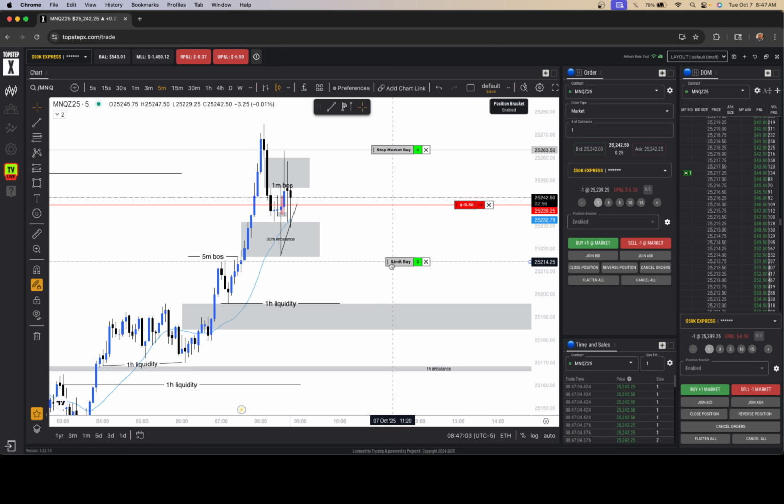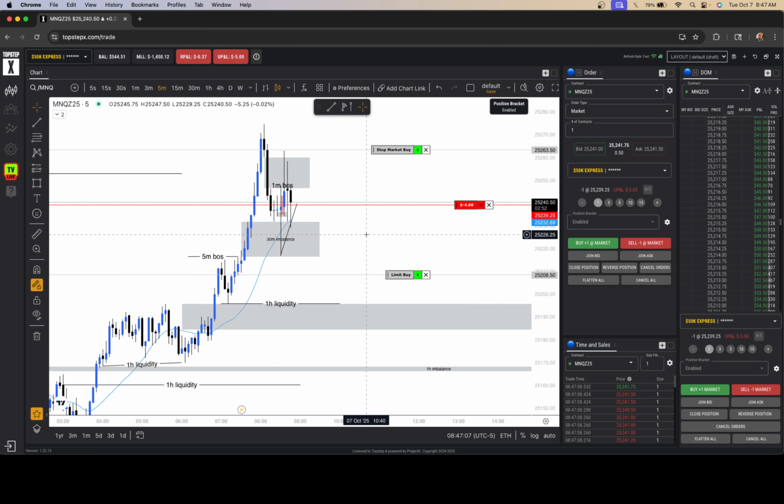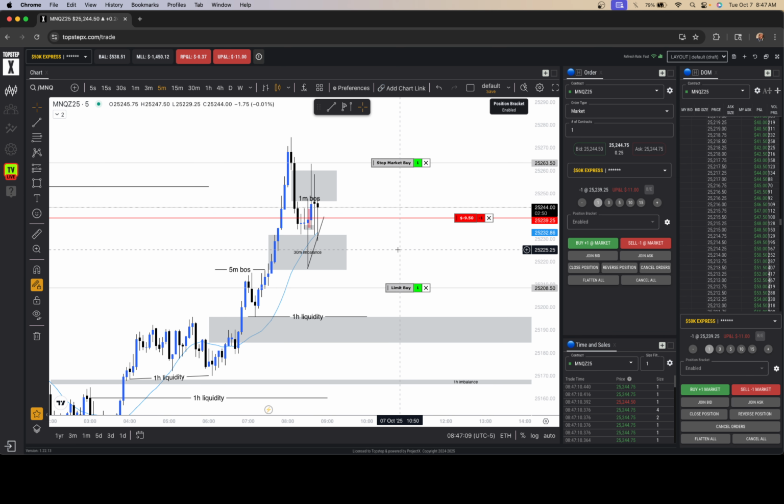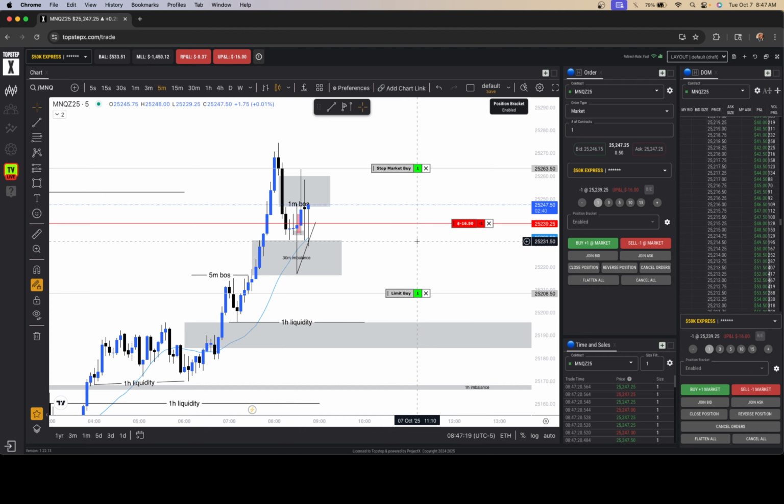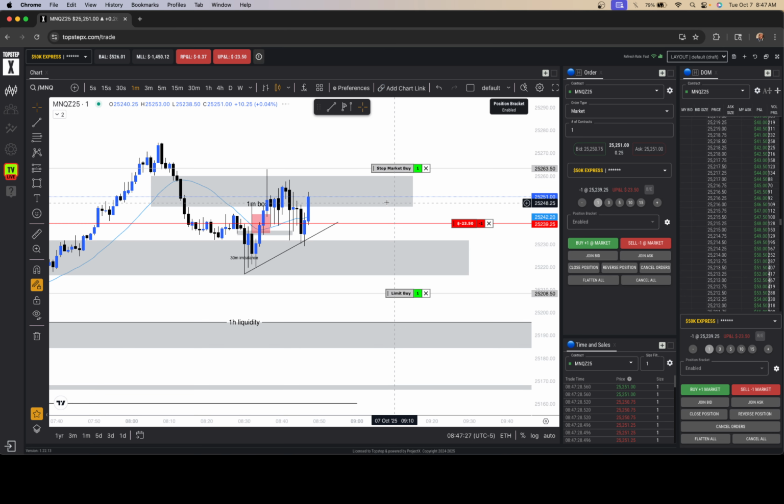Maybe what I'll do for this one is put the limit closer down here and start to trail if we can get lower in this leg. Looks like we're pushing up.